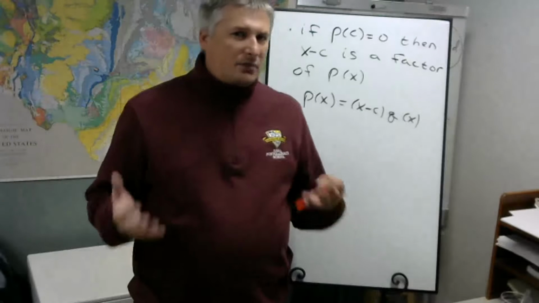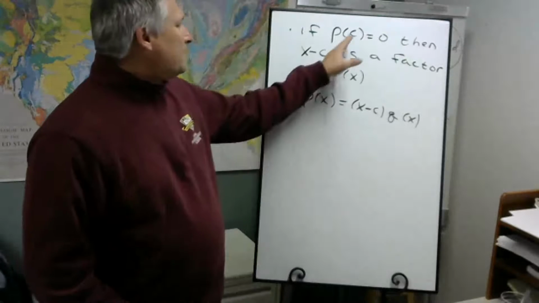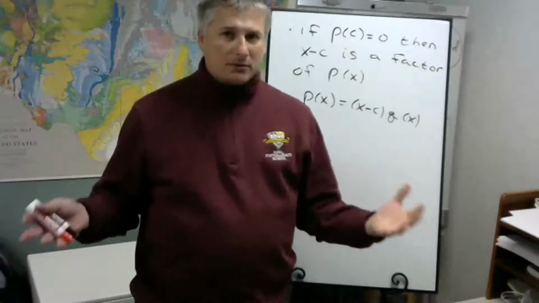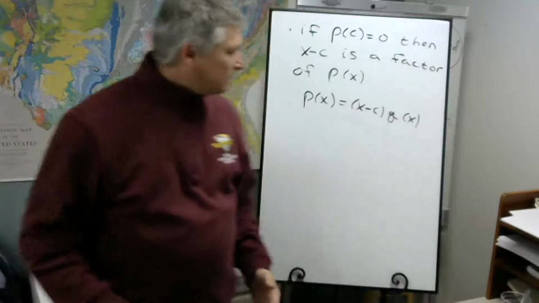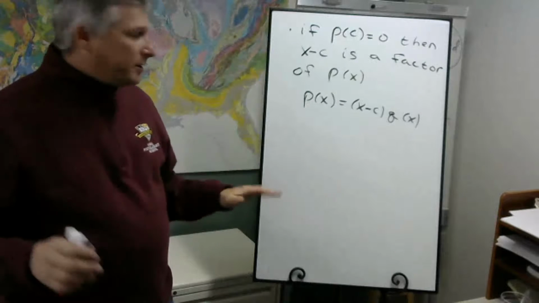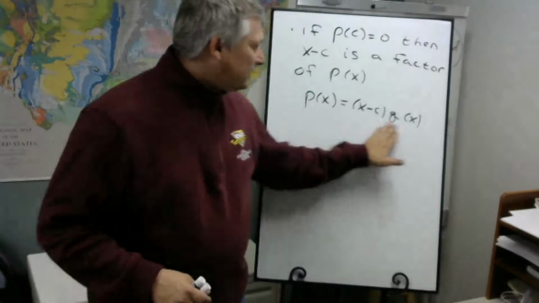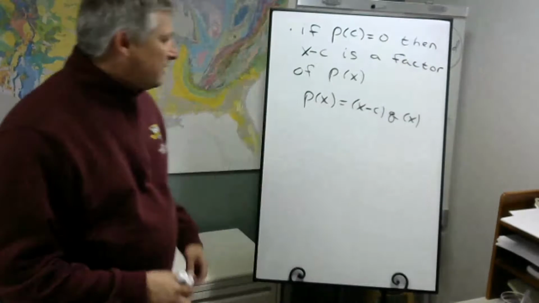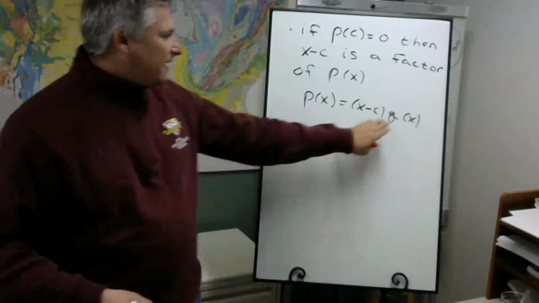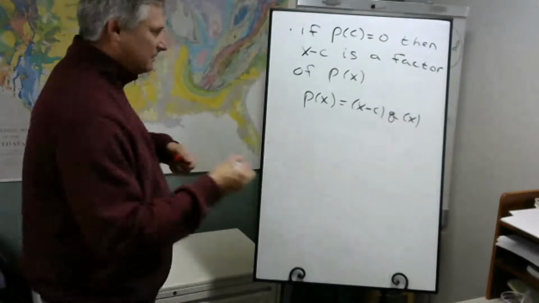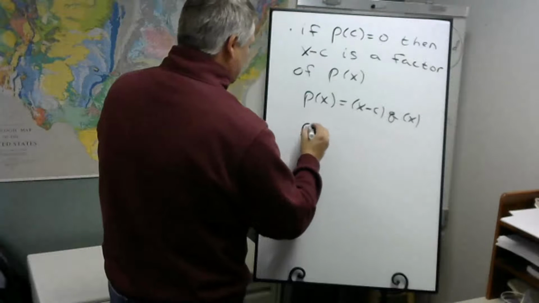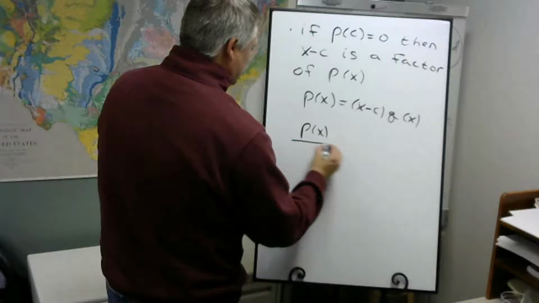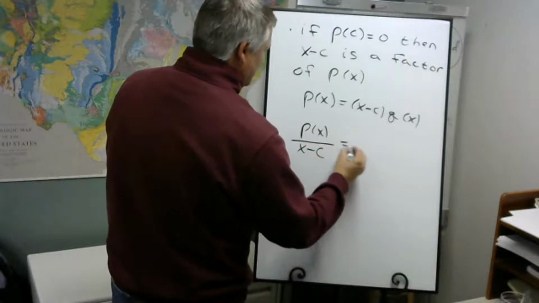Let's say we have some idea of some number c that makes our polynomial equal to 0. Well, then we know we can rewrite our polynomial like this. That means to find this, we're going to divide by x minus c.